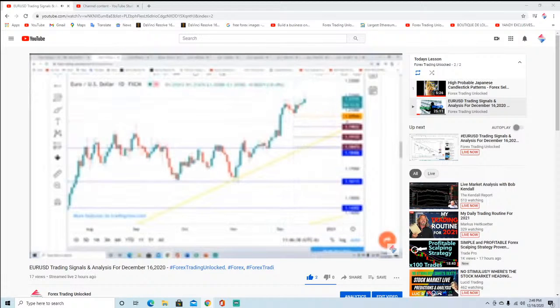This low from a little over a week ago at $1.2056. This is going to be our big bearing for direction.